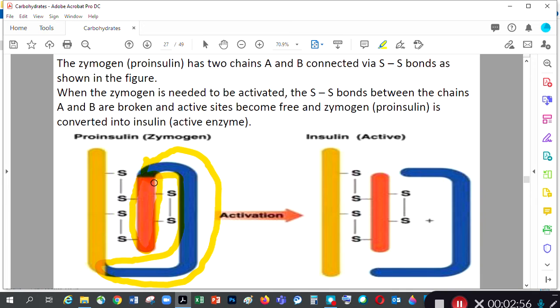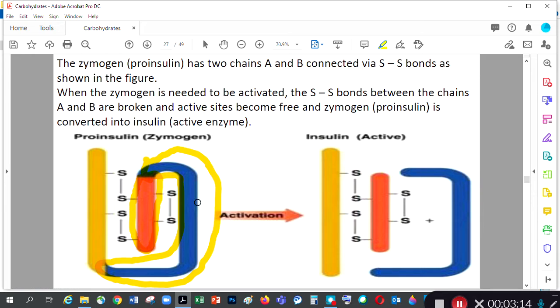Now, if you look at this proinsulin or zymogen, this is inactive because it's connected through a disulfide bridge or disulfide bond.